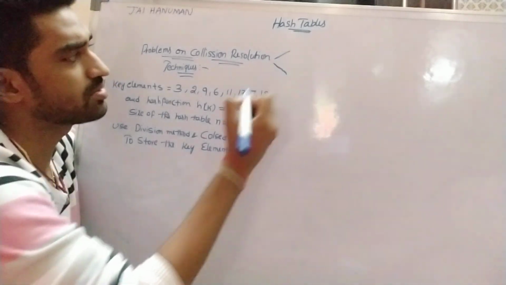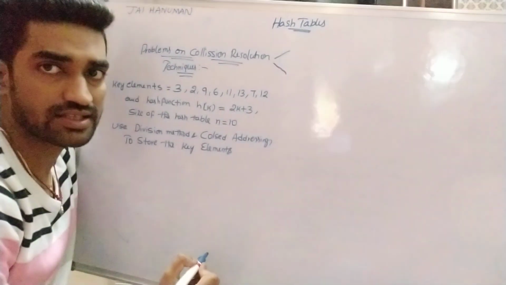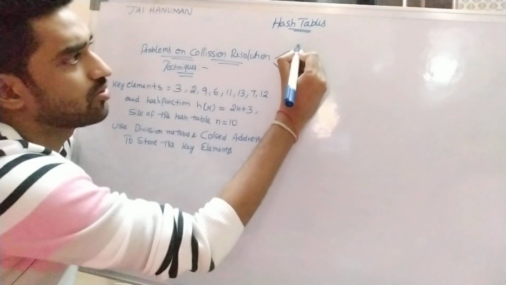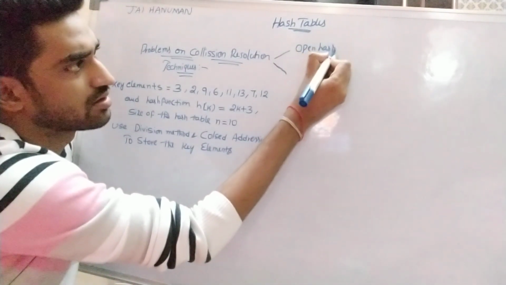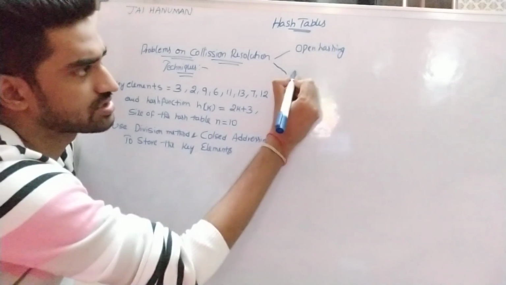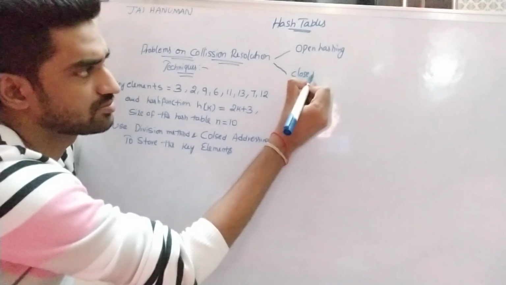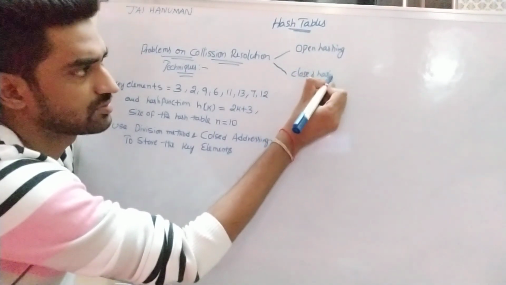There are two ways to implement the collision resolution techniques, right? What are those? Open hashing, closed hashing, right?